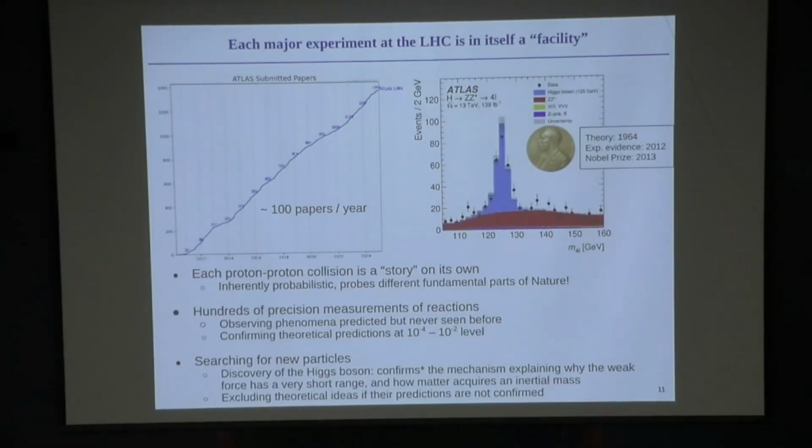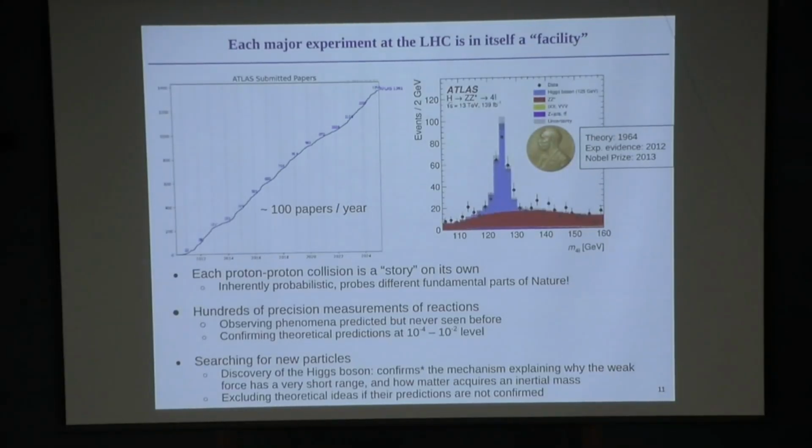And this is the type of plot that we show, which illustrates the probabilistic nature of these reactions, where the points are the rate of a specific type of reaction that has been isolated. So, how often it has been seen in our detectors as a function of some kinematic quantity of the final state. In this case, it's the invariant mass of the final state particles.